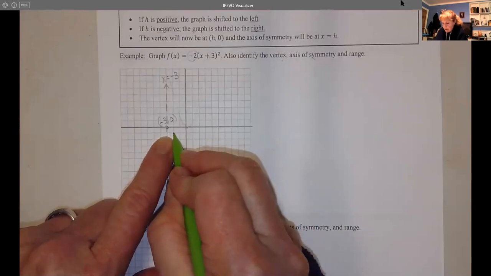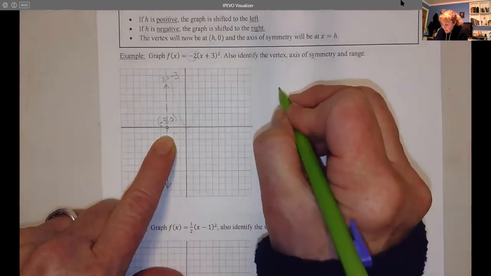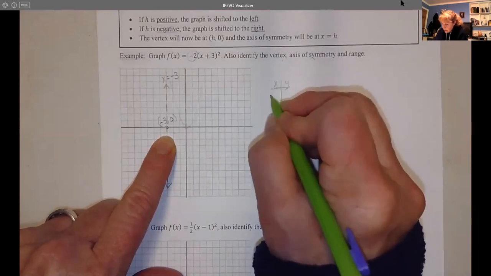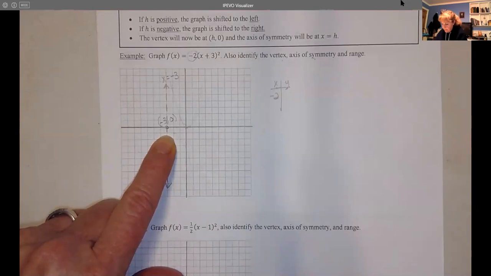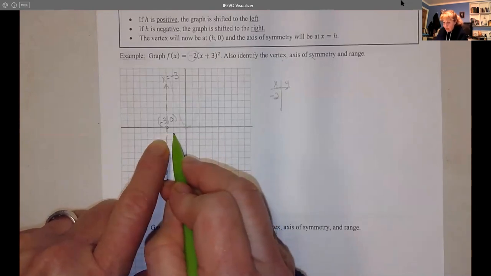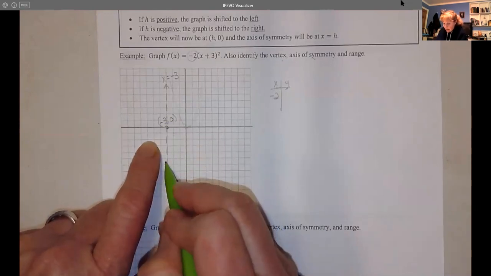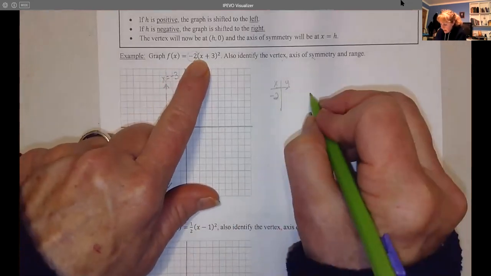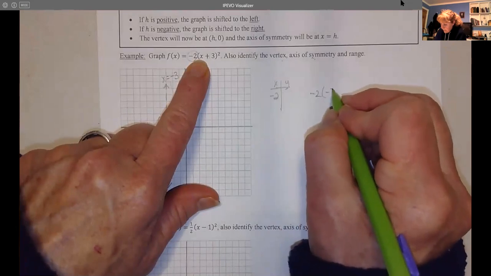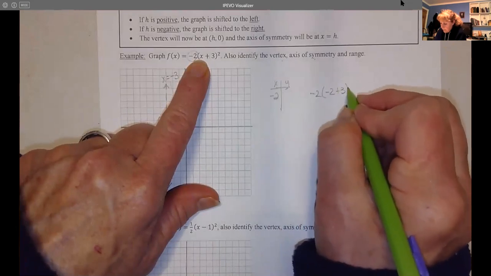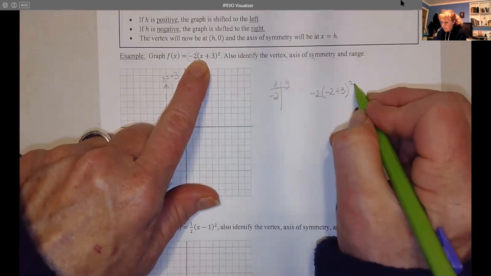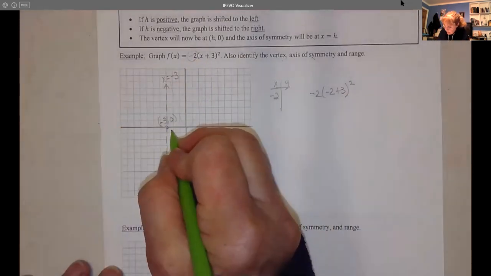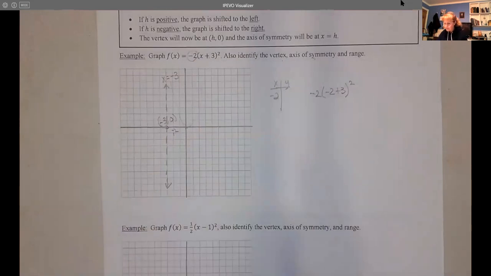Let's put a -2 in for the x. Rather than do a bunch of these, we're just going to do a -2. I picked a number to the right of our axis of symmetry. If you pick close to the axis of symmetry, the numbers are usually really nice. I just happen to pick -2 to put in.